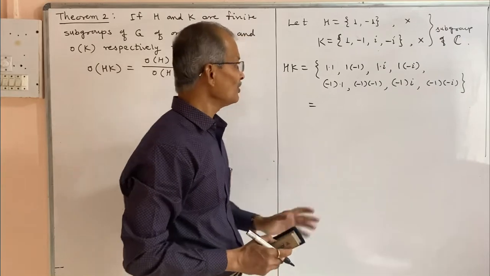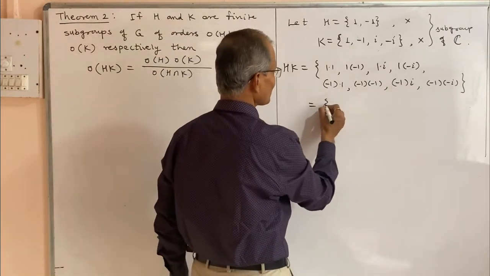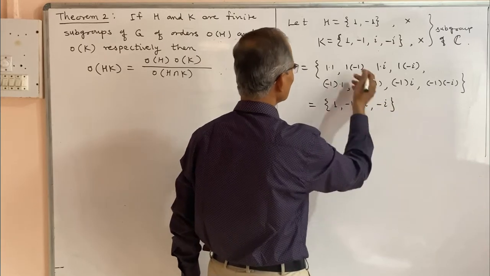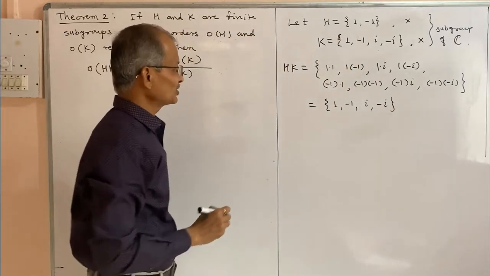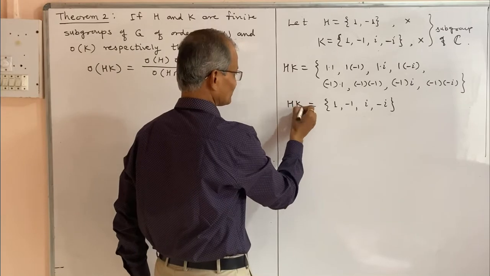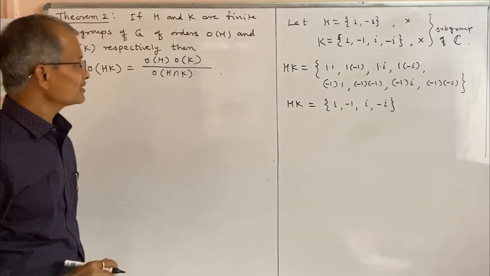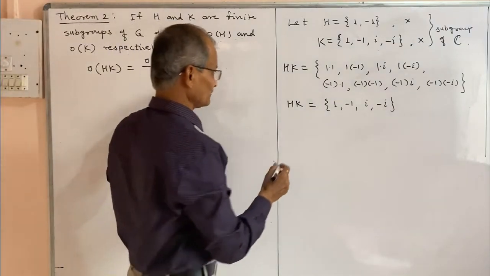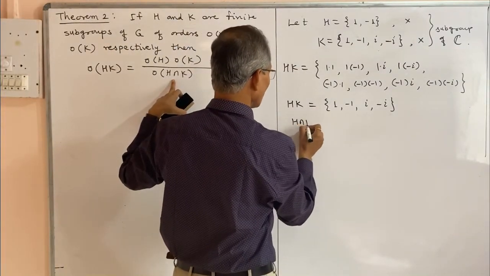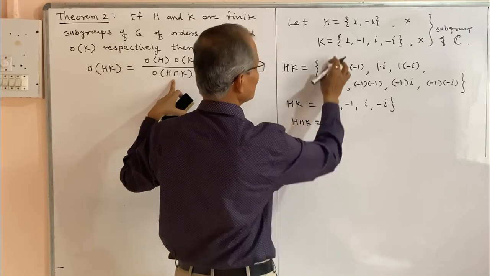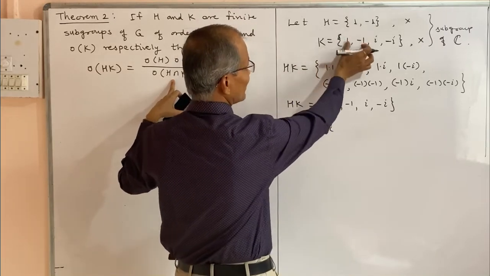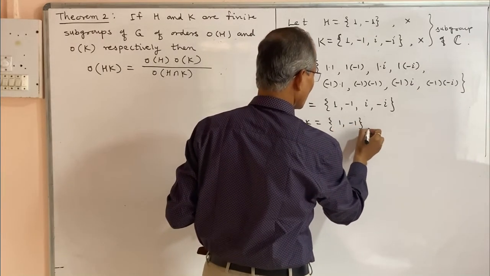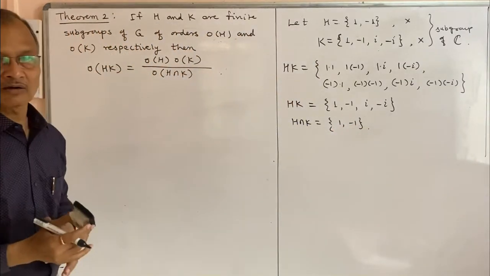So the distinct elements are 1, -1, i, and -i. Actually this is the same as K. So HK is this set. What is H intersection K? Obviously it is 1 and -1, the common elements.